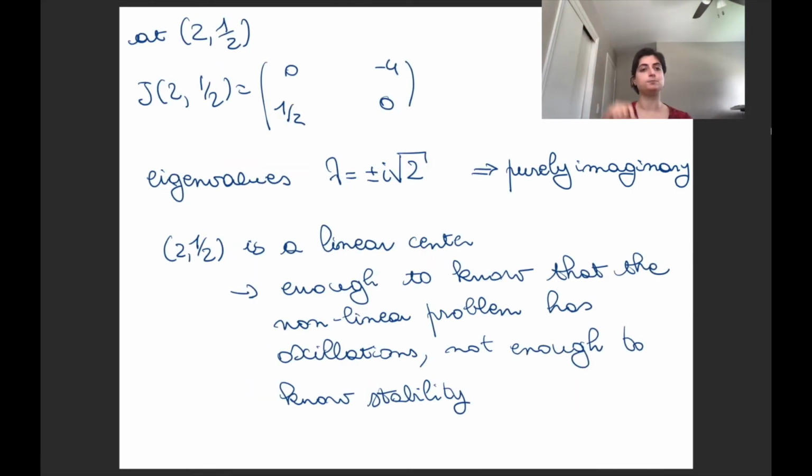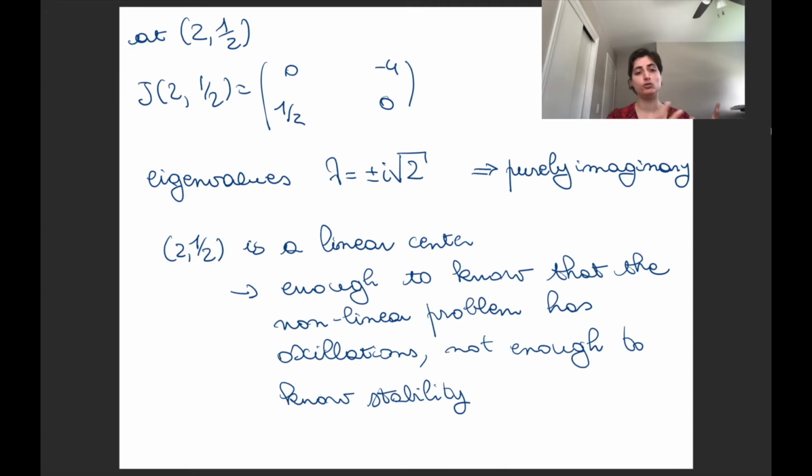We only have two. So at 2, 1/2, we have a Jacobian that is 0, minus 4, 1/2, 0. That is associated with the eigenvalues plus or minus imaginary number times square root of 2. These eigenvalues are purely imaginary. This is the case in which linear approximation is not enough.